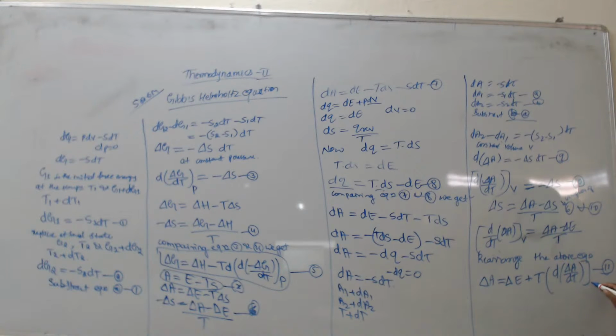Here the volume is constant. We are comparing equation number 6 and 10, and you get this equation and rearrange it, you get this equation number 11.